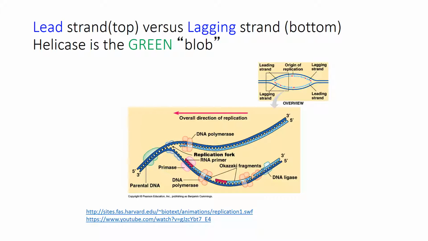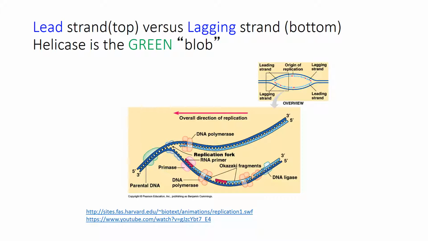Then we blow that up and look at the overall direction of replication. We see helicase, the green blob, moving towards the left. We see the RNA primer and primase coming in, laying down those red primers. We see DNA polymerase 3 on the top strand. Is that the leading or lagging strand?